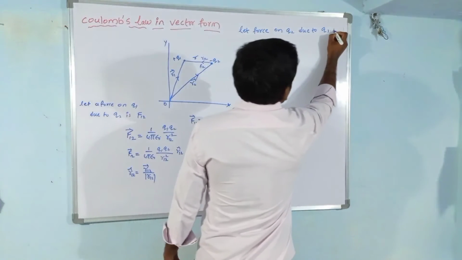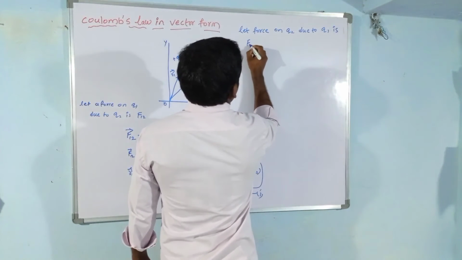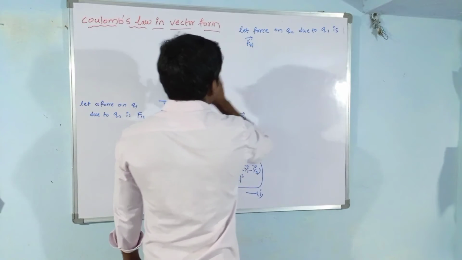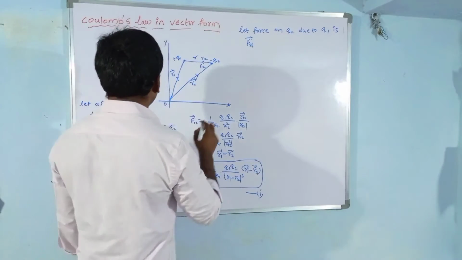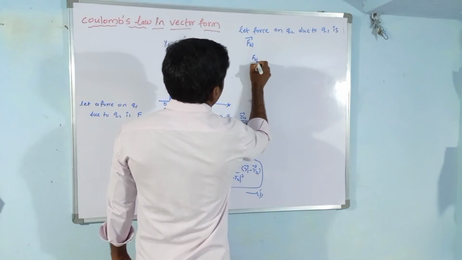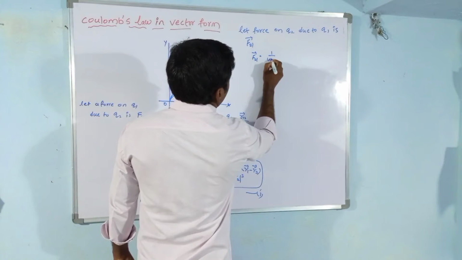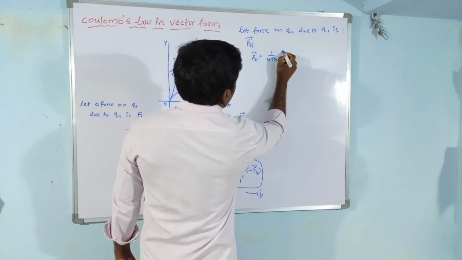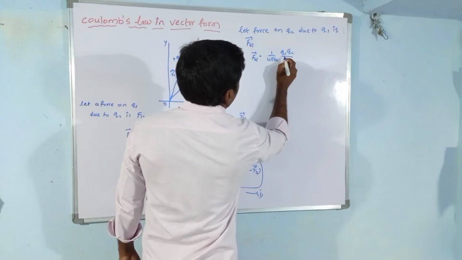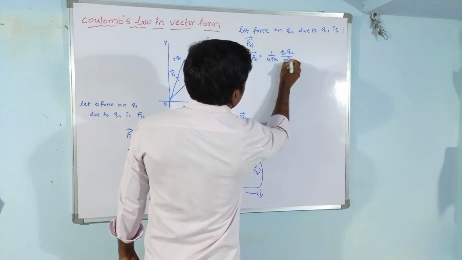So F21 equal to 1 by 4 pi epsilon naught q1 q2 by r21 square.